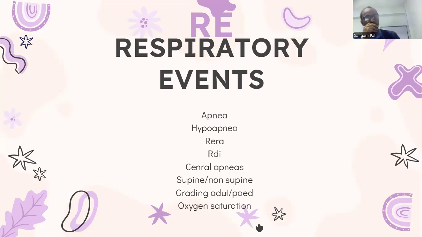So when there is no apnea, no hypopnea, but there is respiratory effort, that we can see in flattening of the nasal flow curve, and associated with that, if there is arousal which doesn't fall in the definition of either apnea or hypopnea, it's called respiratory event related arousal.